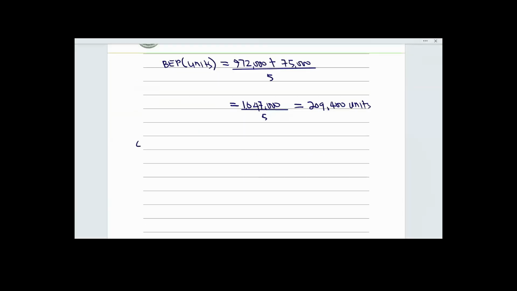Number C, units required to earn a profit after tax of 100,000 naira if tax rate is 40%.